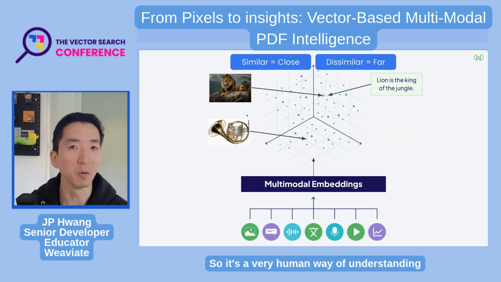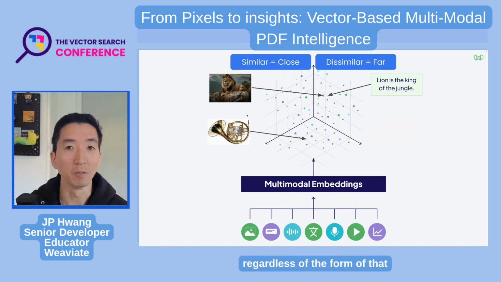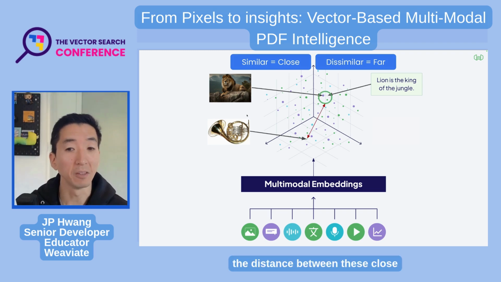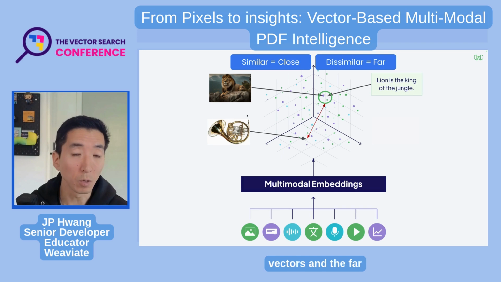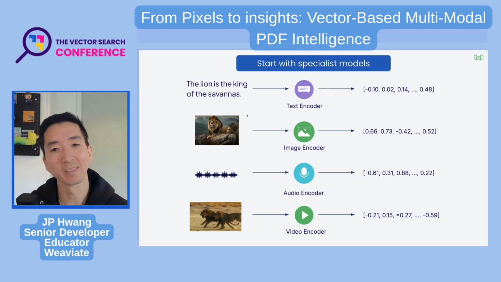So it's a very human way of understanding concepts regardless of the form of that information. And the distance between these close vectors and the far vectors will reflect how close they are in meaning.